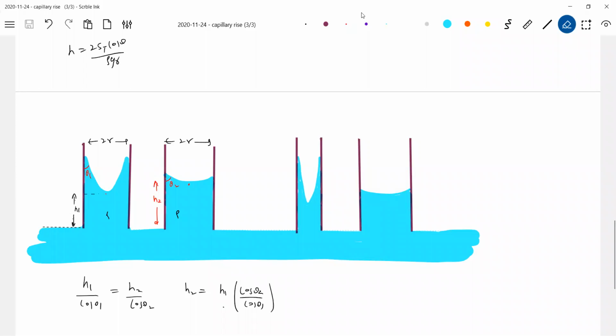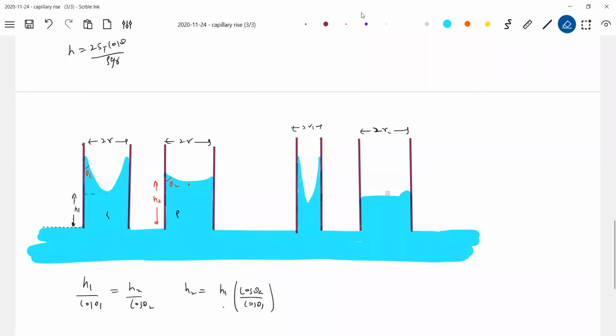Next is the capillary tube. So this is R1. If I increase the radius, what will happen to the level?